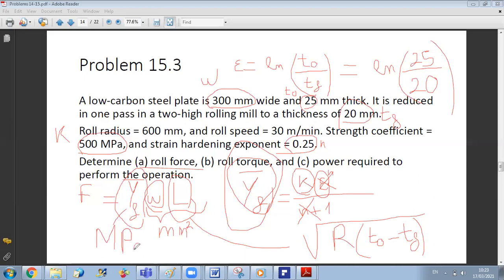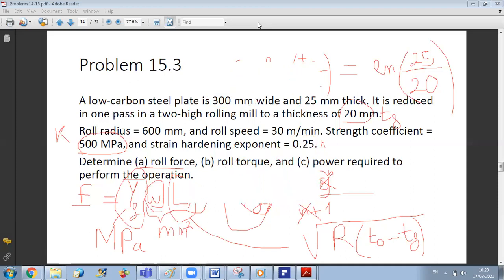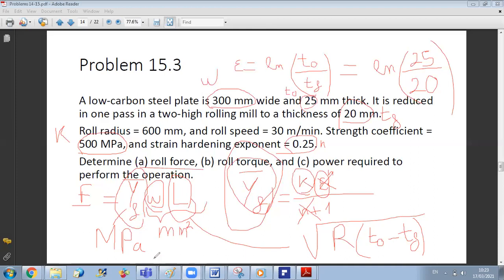Now, if you multiply megapascal by millimeter square, what will be the unit of your force? Yes, very good. Newton. Why Newton? Because megapascal is 10 to the power 6 Pascal, and millimeter square is 10 to the power minus 6 meter square.